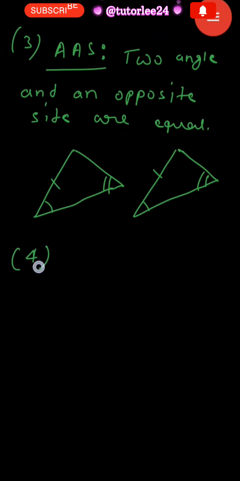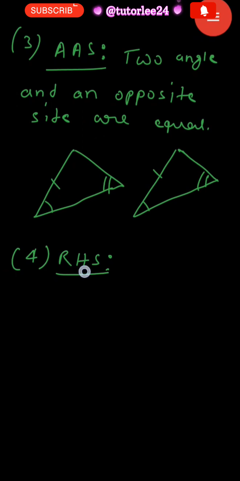Now the fourth condition, which is also a very important condition, is RHS, right hand side congruency. It must be related to a right angle triangle, and we know that a right angle triangle is a triangle in which one of the angles must be 90 degrees.